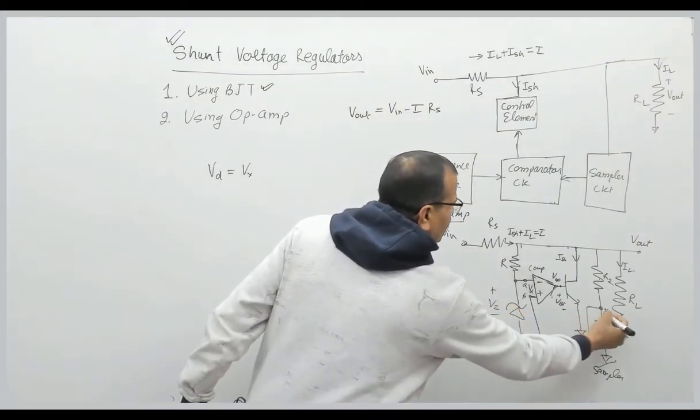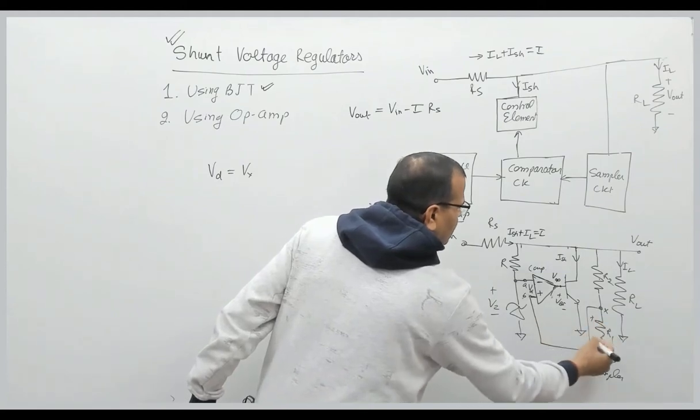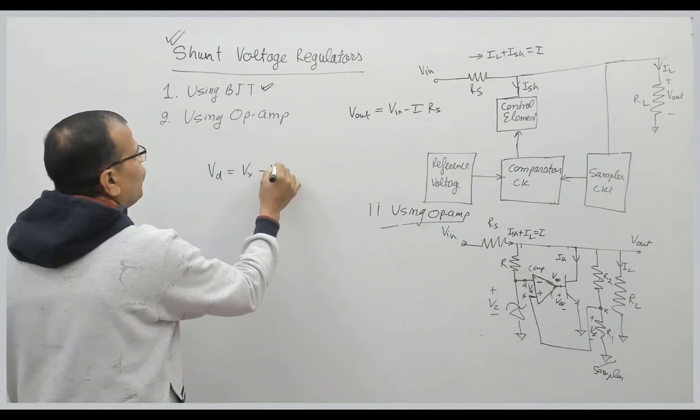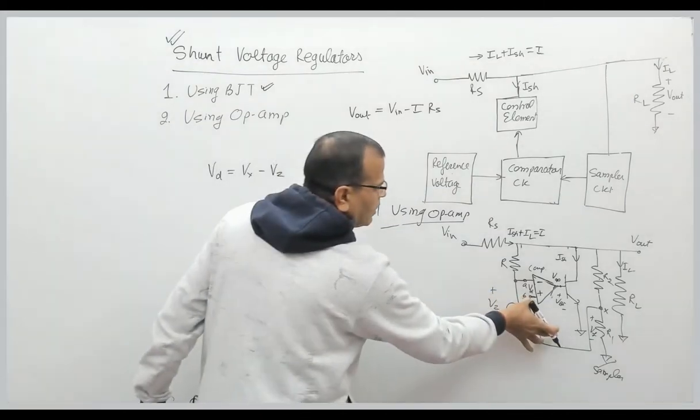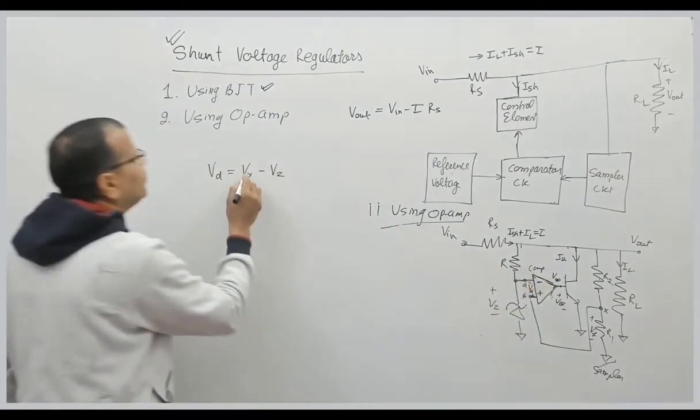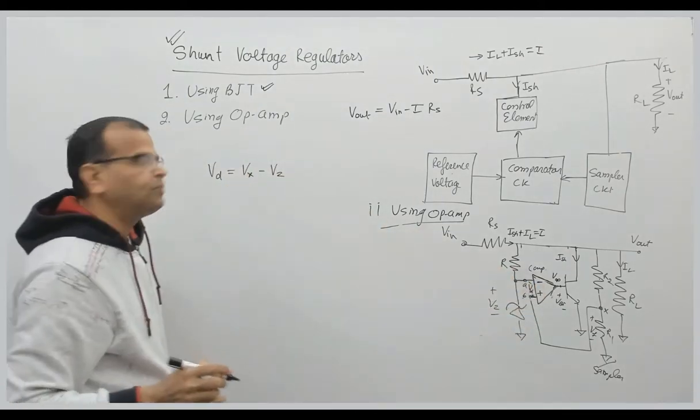The differential input of the op-amp is Vd equal to Vx, sometimes called the feedback voltage, minus Vz. The voltage at this node is Vb, that is Vx. So the differential input voltage of the op-amp is Vx minus Vz, right?